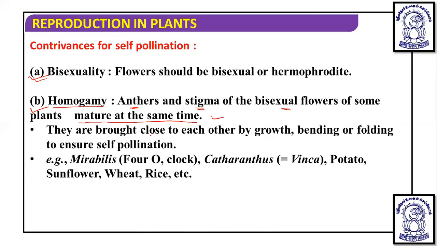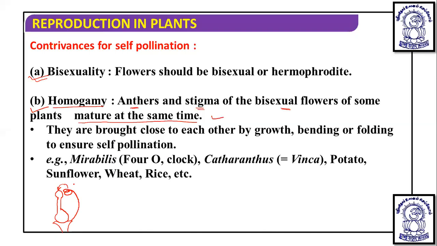So they are brought close to each other by growth. Sometimes, suppose carpel is there, like this, and here we find a particular anther. If the anther is brought by bending near to the stigma, then obviously it will donate its pollen grain here, and self-pollination will be achieved.